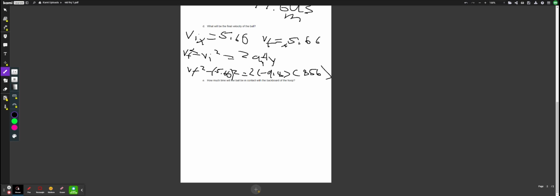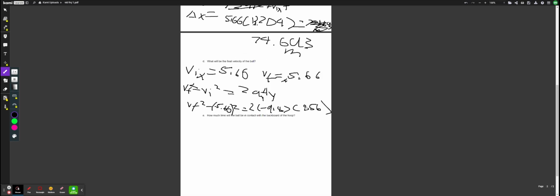And that is equal to 2a, which is 2 times negative 9.8, which is negative 19.6, times delta y, which will be 856.